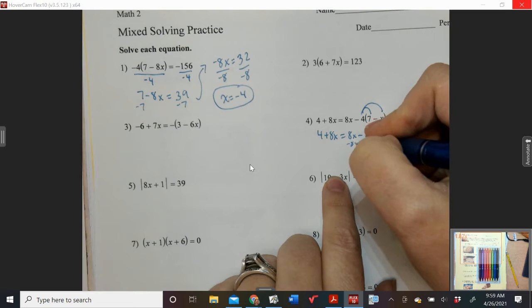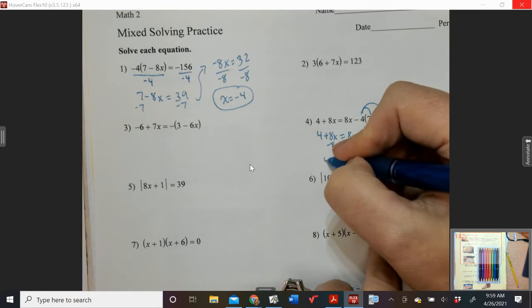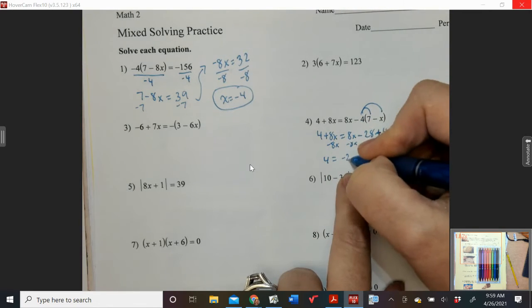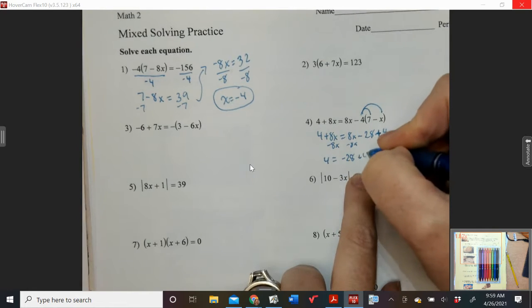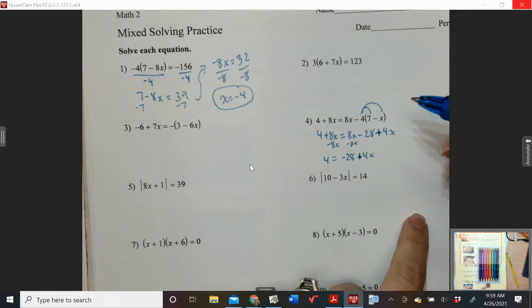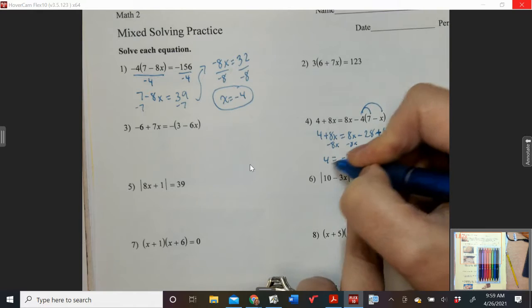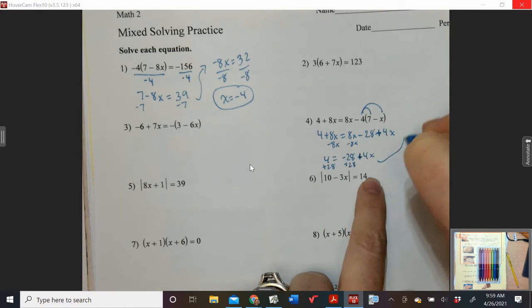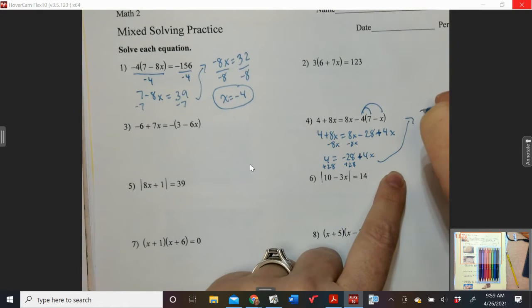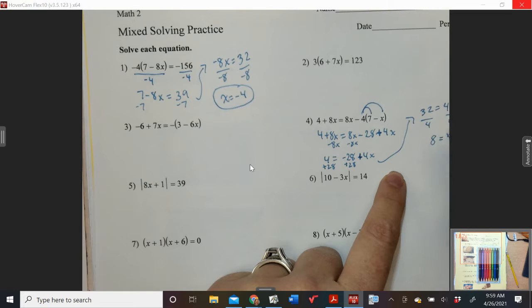I'm going to go ahead and subtract 8x from both sides. And now I have 4 equals negative 28 plus 4x. I'm going to add 28 to both sides. And I have 32 equals 4x. And dividing by 4, I get x equals 8.